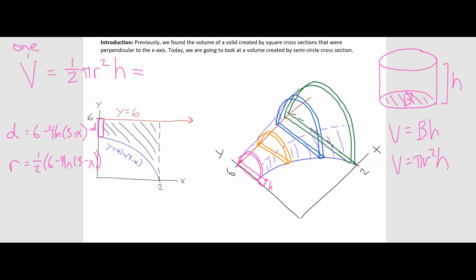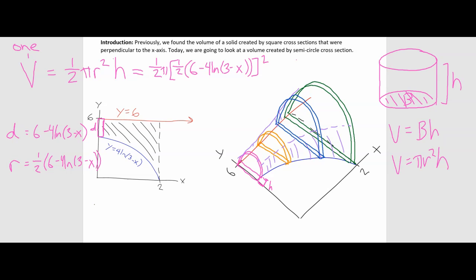So let's come over here. I'm going to get 1/2 times pi times the radius squared. So I've got 1/2 times 6 minus 4 times the natural log of 3 minus x, and I'm squaring that entire quantity.